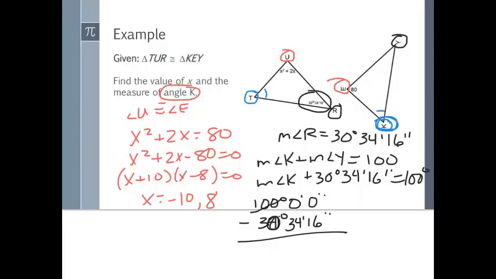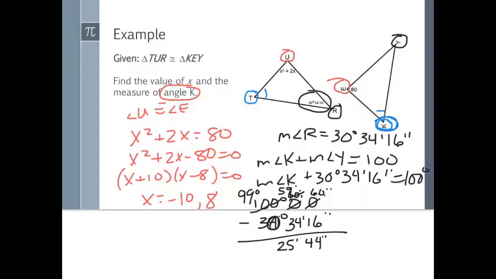We're going to borrow a degree, and when we borrow 1 degree, we're adding 60 minutes, and we're going to borrow a minute to give us 60 seconds, and now we can do our subtraction. 60 minus 16 is 44 seconds. 59 minus 34 is 25 minutes.